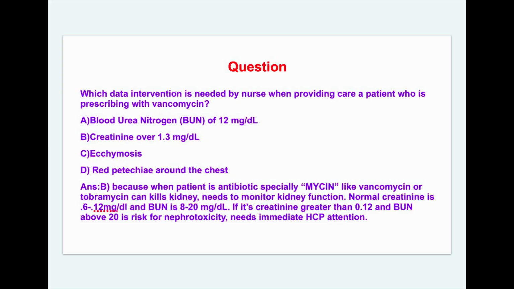If creatinine is greater than 1.2 and BUN above 20, there is a risk for nephrotoxicity, so we need immediate HCP attention. They can check the kidney level and change to a different type of antibiotic so that the kidneys are under less stress.